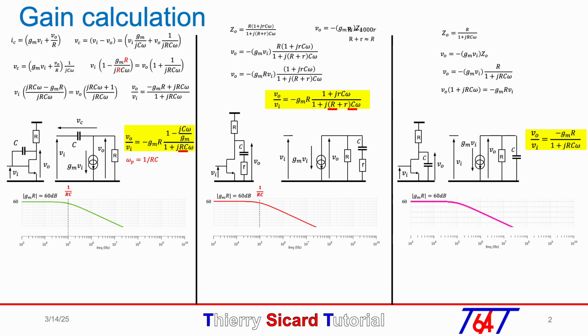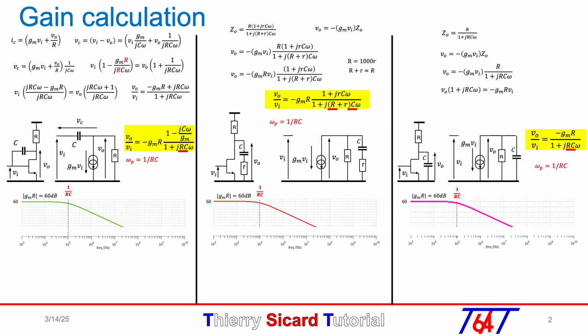In the second case, since R is small compared to the capital letter R, the pole omega p is equal to 1 over RC, denoted in red, and RC is underlined in red in the gain equation. We do the same for the third case and see that these three schematics have the same omega p pole equal to 1 over RC.